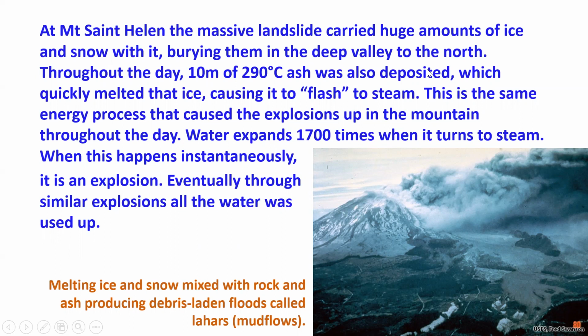So you have the hot, you have the cold, which quickly melted that ice, causing it to flash to steam, because the temperature is very high. Yeah, this is the same energy process that caused explosions up in the mountain throughout the day. And that's how you get the badlands being formed.